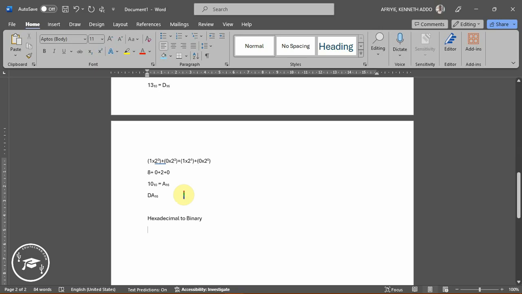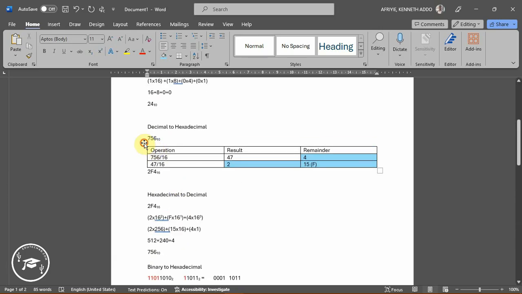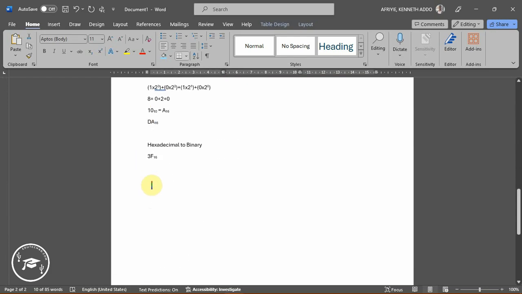So if you have maybe the 3F, which is in base 16, we are supposed to convert this into binary. What we do is take the 3 and find its equivalent in binary. So let's quickly convert 3 into binary using this formula here.